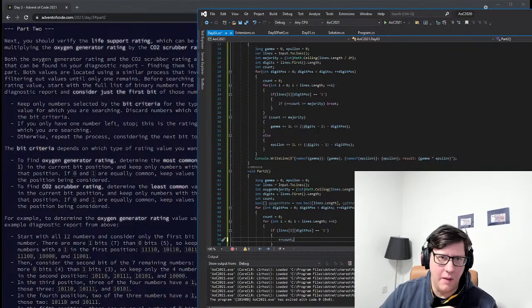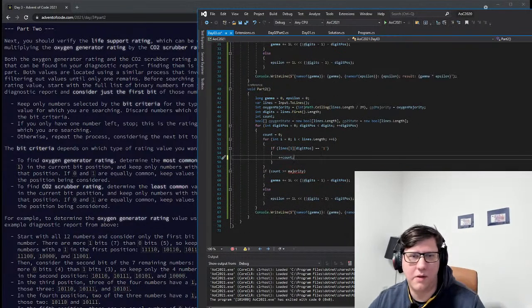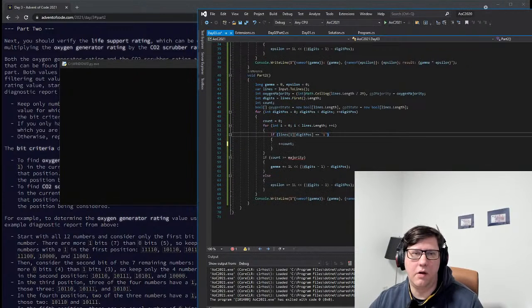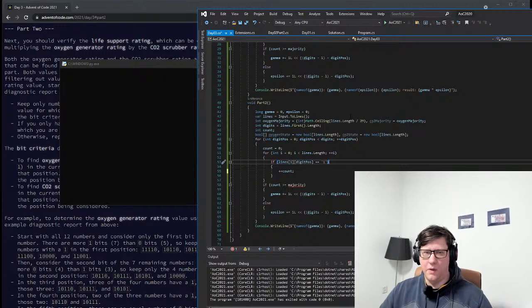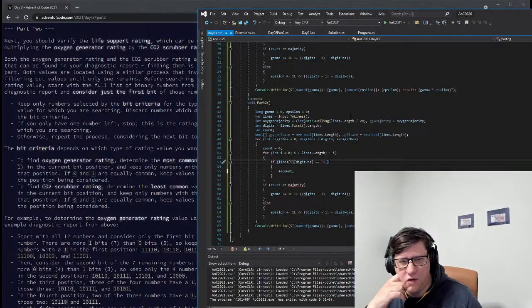The whole thing was in part 1 I could exit early to save processing time, not that it matters a lot, but I like to be efficient. In part 2 I have to actually keep looping over all of them. So the question is, is that the best way to do it, or should I just reduce the set of lines so I could make them into lists and just remove the ones that don't matter?